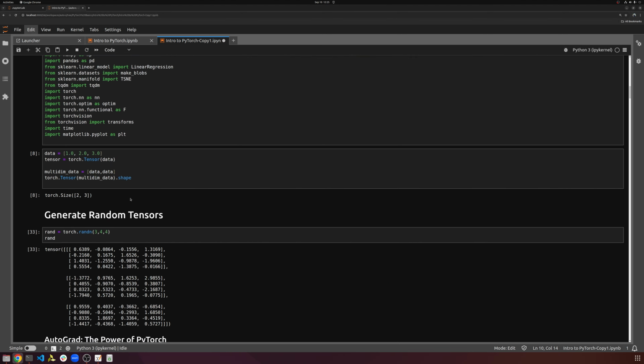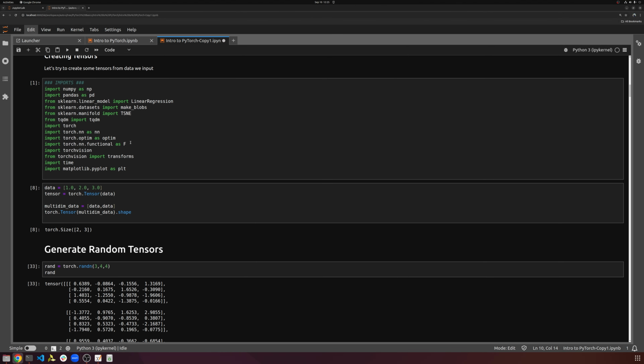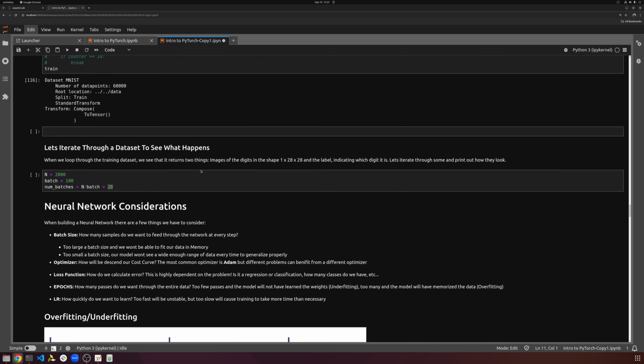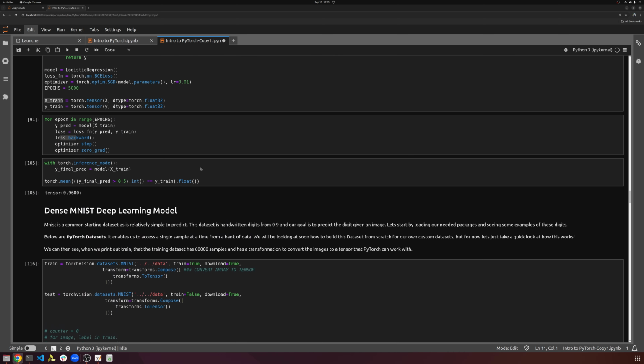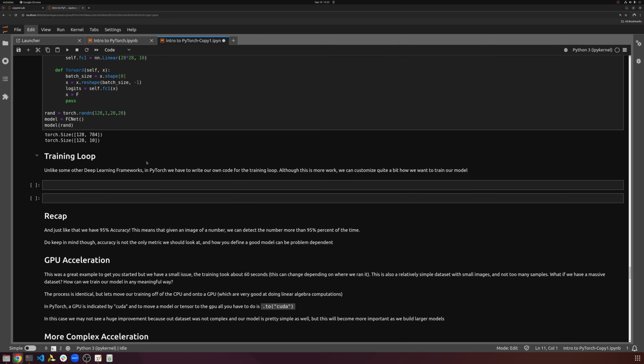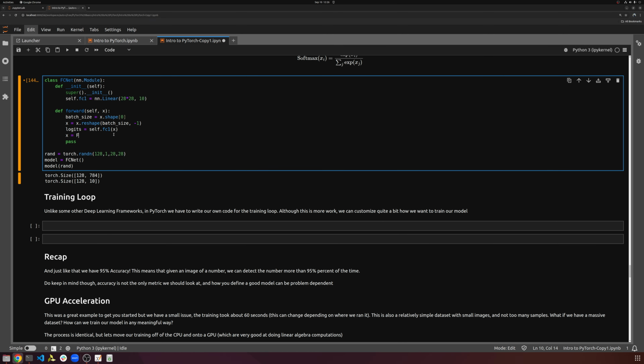PyTorch has these functionals that let you access things very easily. We're going to be using their log softmax function. It's just built right into PyTorch, so no big deal. Here we go: F.log_softmax, we're going to do the output x, dim equals 1.